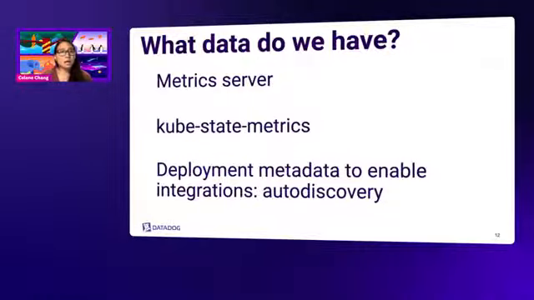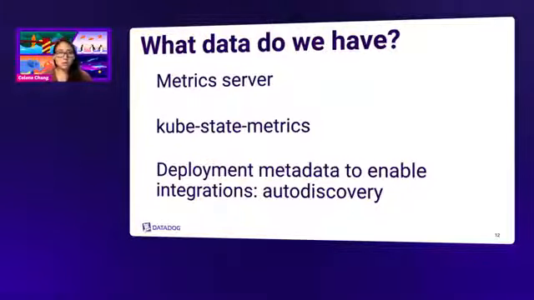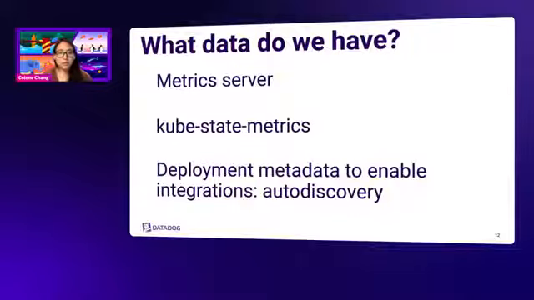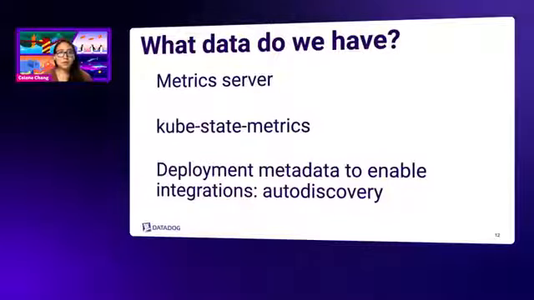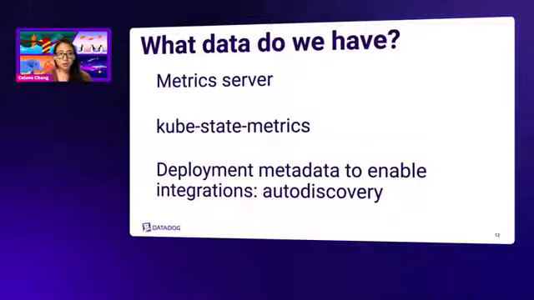For instance, how many are running, what their status is, how many times they've restarted, what their resource limits are, and so on. And we can also leverage metadata that are available via the kubelet to configure auto discovery of integrations that you may be running on your nodes. I'll discuss that in a little more detail in a couple of slides.